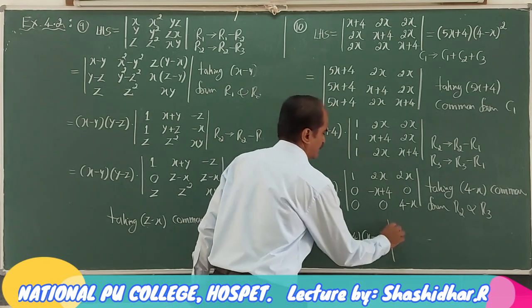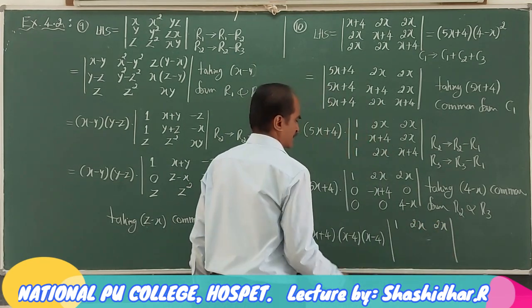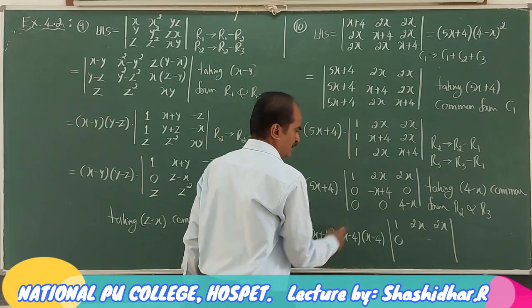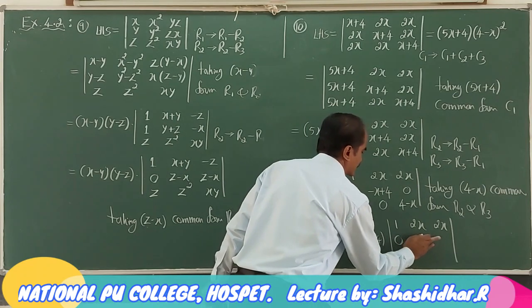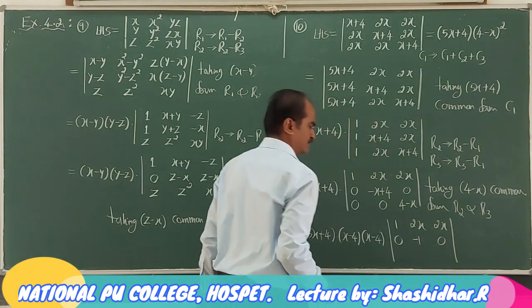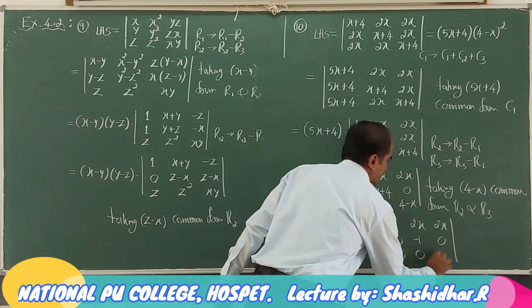Then what do I get? In the first row 1, 2x, 2x. Second row 0, and here minus x plus 4 is there, we are taking x minus 4, so I write minus 1, 0. Then third row 0, 0, minus 1.